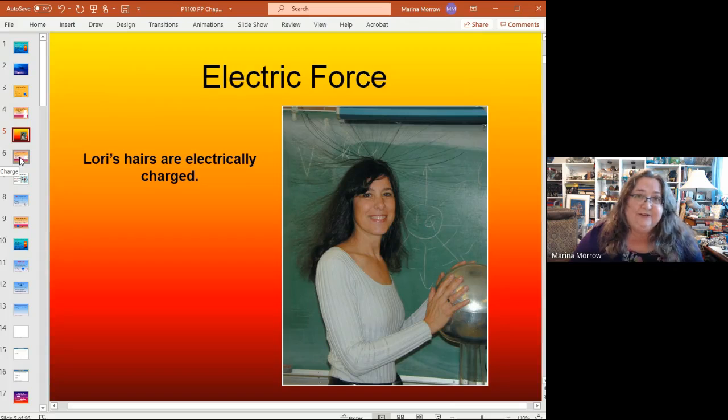So one of the demonstrations I have over here is a machine which is kind of like a Van de Graaff generator. It's called a Wimshurst generator, and it can charge both positively and negatively. So we'll play around with that in a minute.